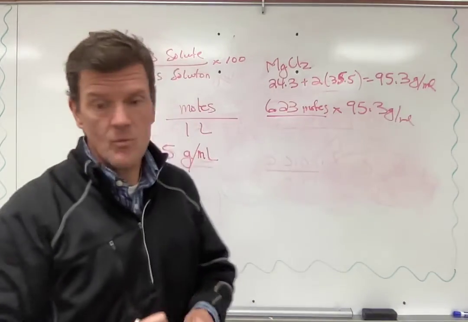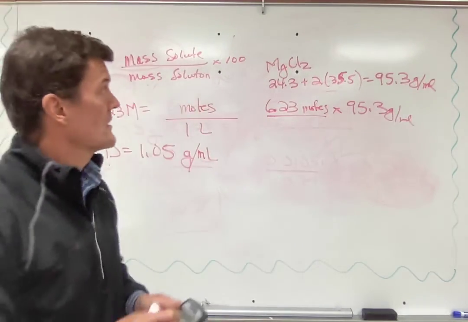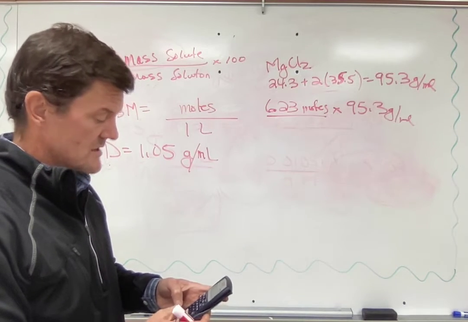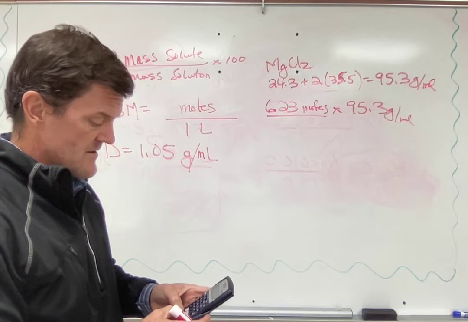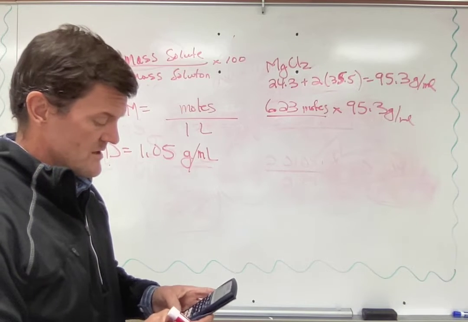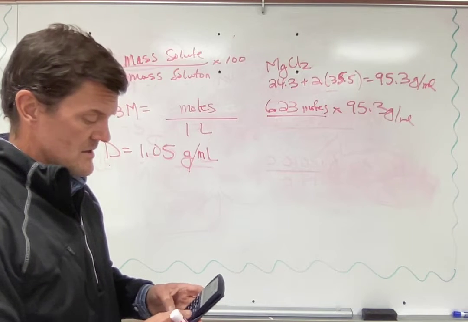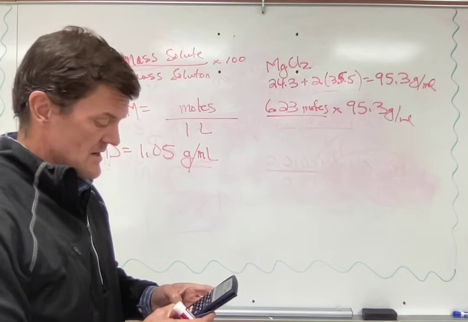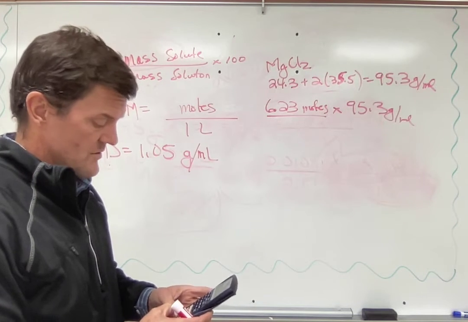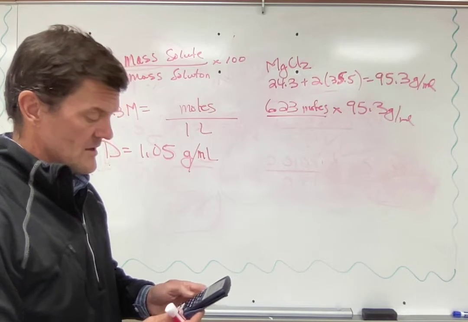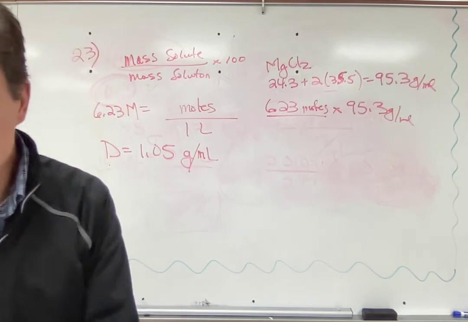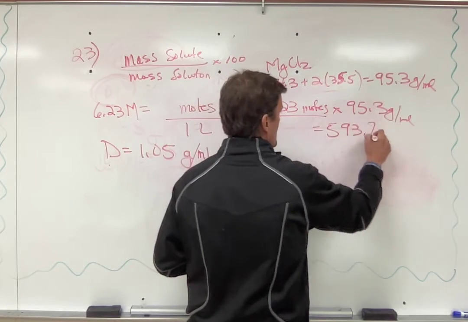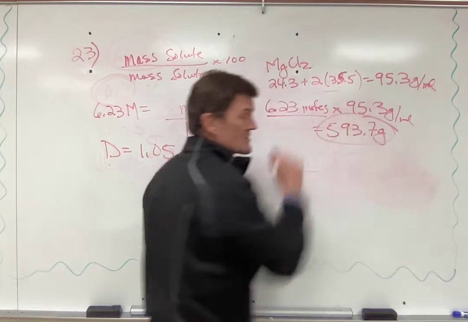And you're going to find out what the mass is of your solute. So 6.23 times 95.3, 593.7. Okay, that's the mass of our solute.